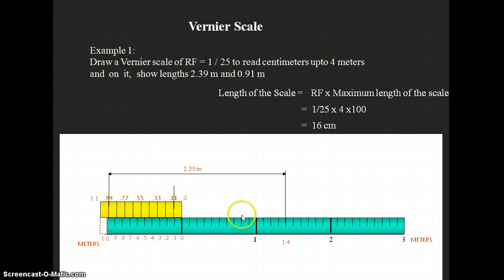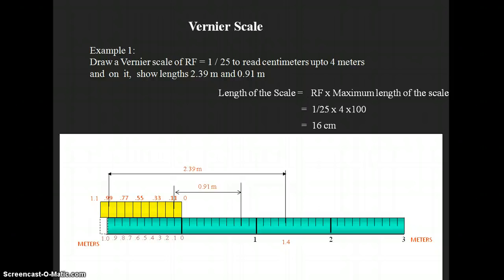When we draw a vertical line and represent the dimensional value, it becomes 0.91, since 0.80 plus 0.11 is equal to 0.91. So draw a vertical line from 0.8. Then draw the dimension line between these two vertical lines and represent the dimensional value 0.91. So this is the simple Vernier scale.